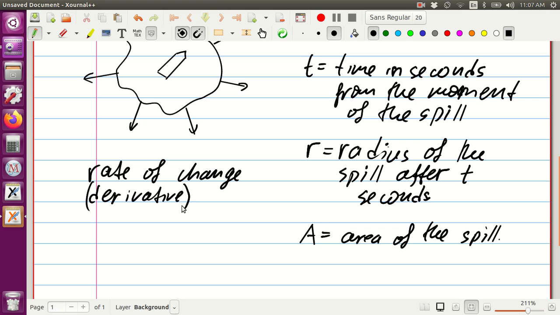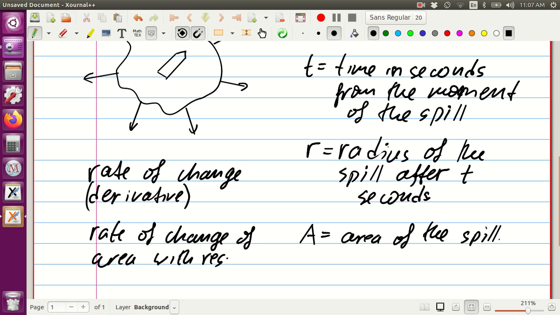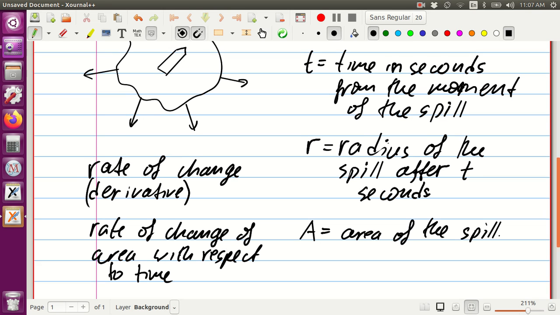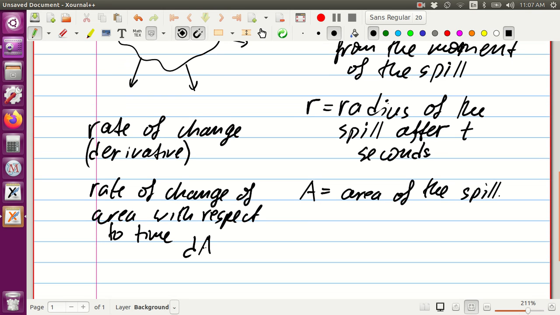So basically, if we want the rate of change of area with respect to time, this would be the derivative of A with respect to time.